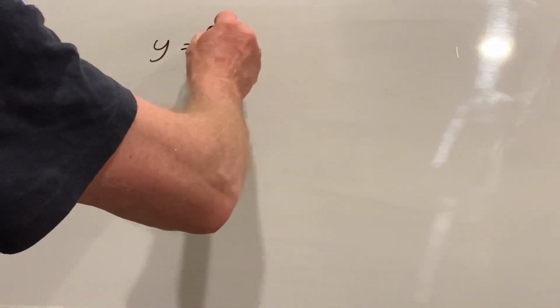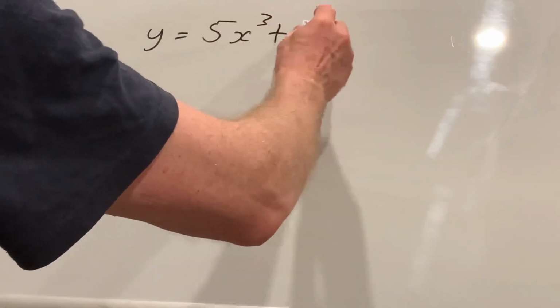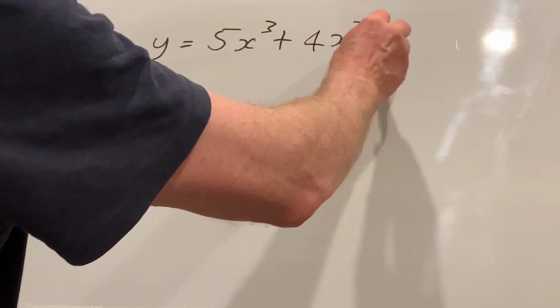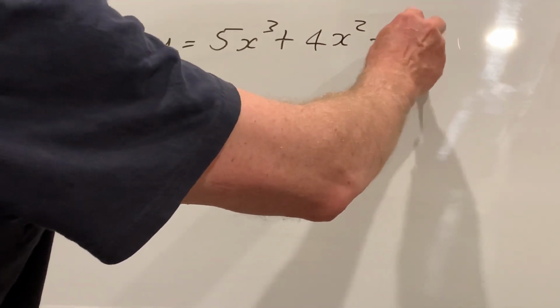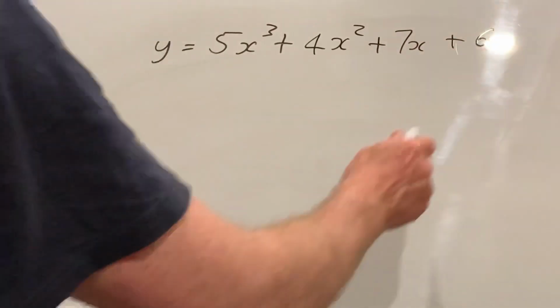y equals 5x cubed plus 4x squared plus 7x plus 6.